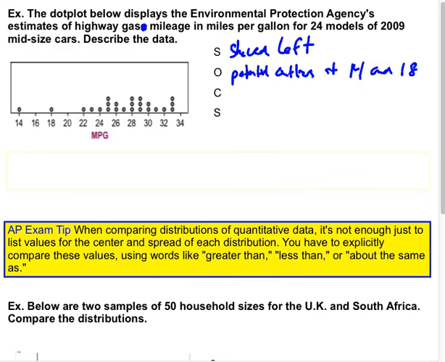So what am I talking about? Well, in order, I'm going to count. 1, 2, 3, 4, 5, 6, 7, 8, 9, 10, 11, 12, 13. All right, so there are, in order, the 12th and 13th data points.